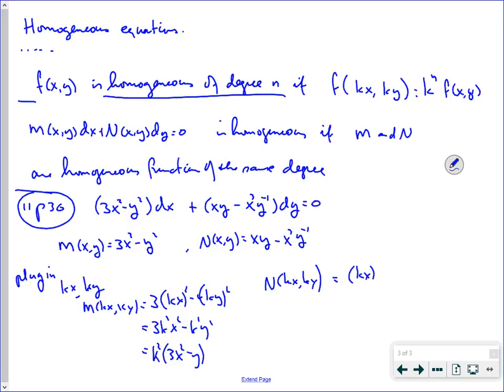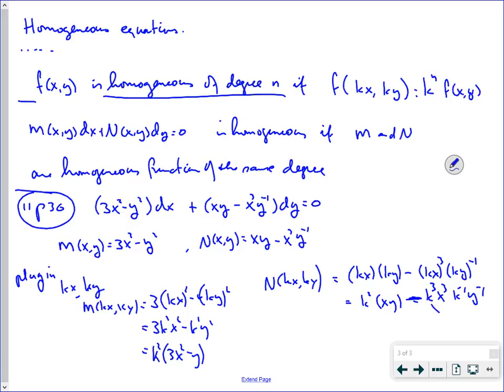Okay. So replace x with kx, replace y with ky. And you see here kx times ky is going to be k squared times xy. In the second one, we're going to have a k cubed x cubed, okay, k to the minus 1, y to the minus 1.